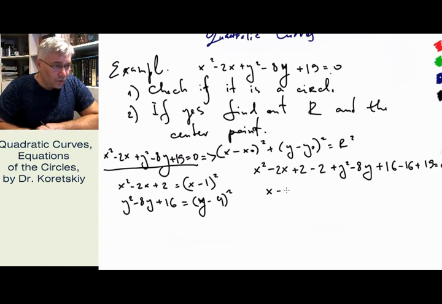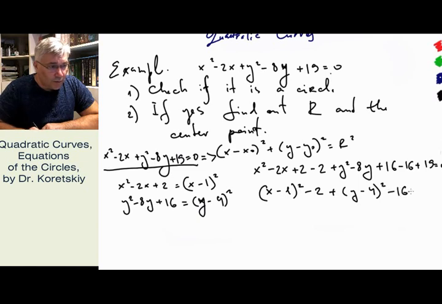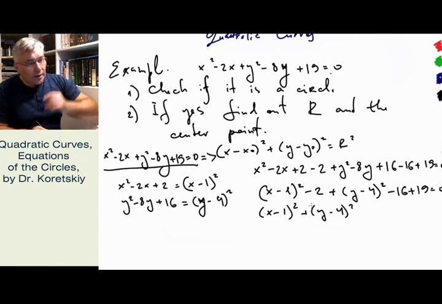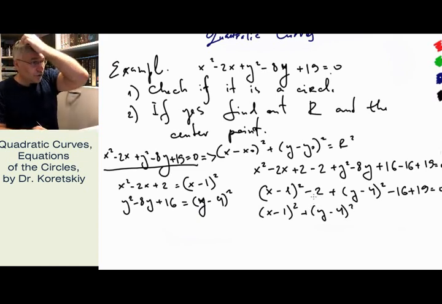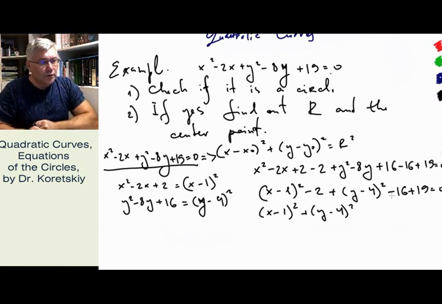So now I'm ready to rewrite it into this form. X minus 1 squared minus 1, don't forget about this minus 1, plus y minus 4 squared minus 16 plus 19 equals 0. So I have here x minus 1 squared plus y minus 4 squared, and I can add all the constants here: minus 1 minus 16 plus 19, and all of this gives me 2.